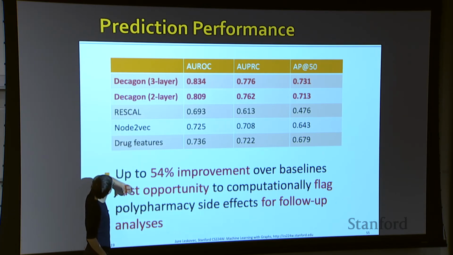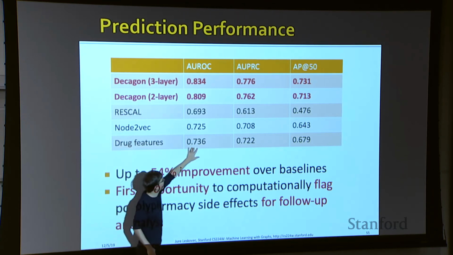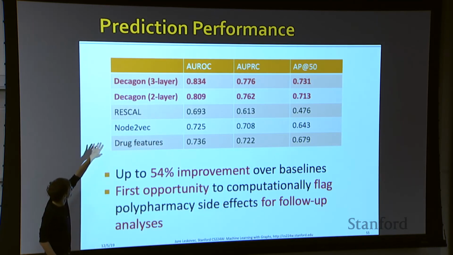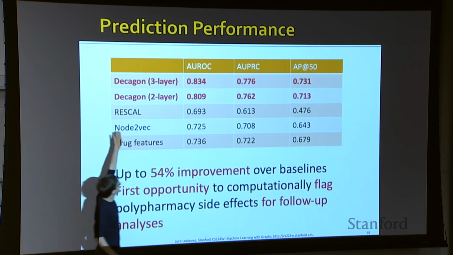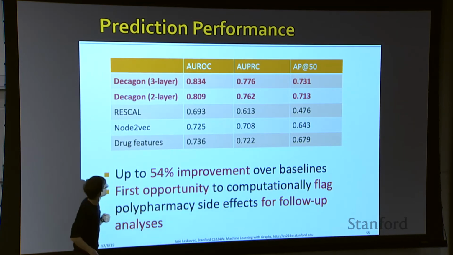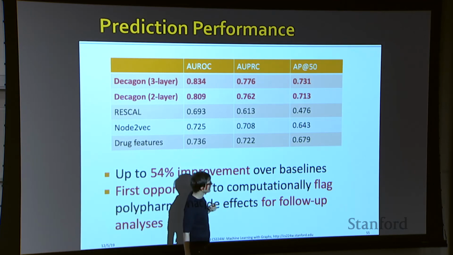Higher is better. Node2vec we talked about, so you know what this is. If you just use drug features, this is how well you can do. If you are using the state-of-the-art method to do these things, here's the performance. And you see we are doing quite well.